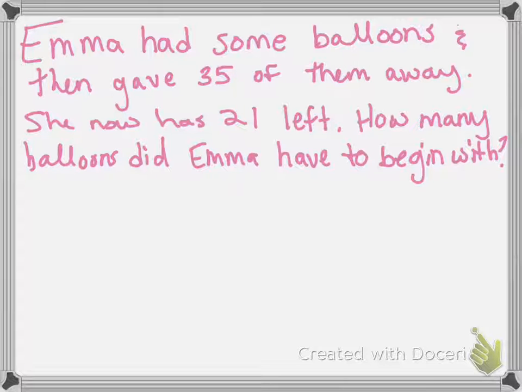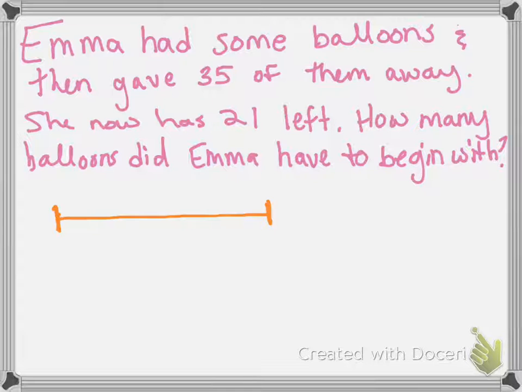So I am going to show you how that is done and how that will look in 5th grade and beyond. So when we are working with a problem where the total is unknown, because 35 of them were given away and 21 are left, we can draw it out like this. So we don't know the total of how many Emma had to start with, right?